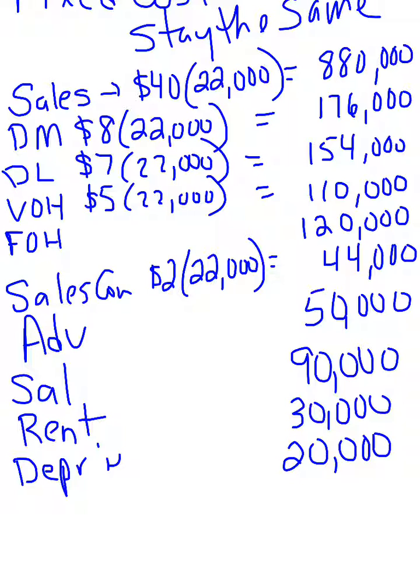Once we get our per unit cost, we multiply it by our new volume that we are trying to do a flexible budget for, and those numbers give us what we need. For fixed costs, we just use the same amounts that we had in the original budget because those will not change. So hopefully this will help you when you get ready to work any type of flexible budgeting question.